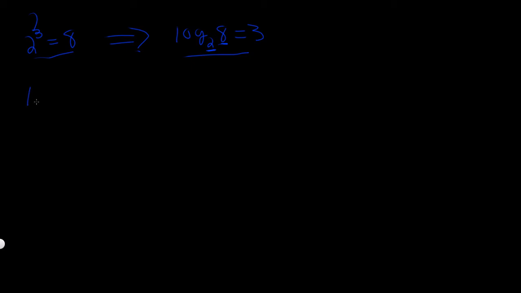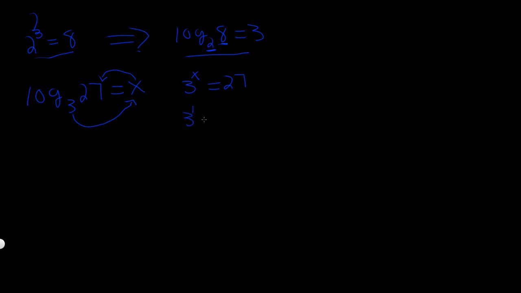So what if I wrote log base 3 of 27 is equal to x? Well, we could rewrite it in exponential form by saying 3 raised to the x power is equal to 27. So 3 raised to what number is equal to 27?